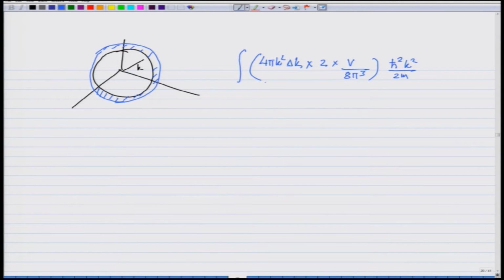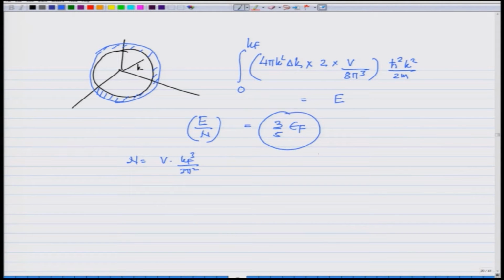And if I integrate with delta k being dk from 0 to kf, this gives me total energy E of all these electrons. And through this I can calculate E by n, which will come out to be 3/5 of epsilon f, where along the way you will have to write n equals V times kf cubed over 3 pi square. So, this is the average energy of electrons in a metal.